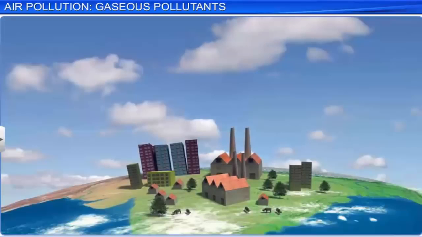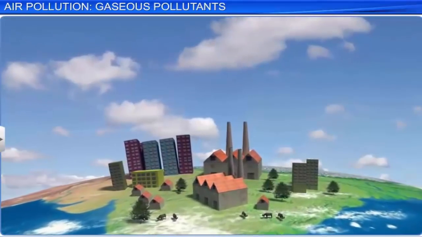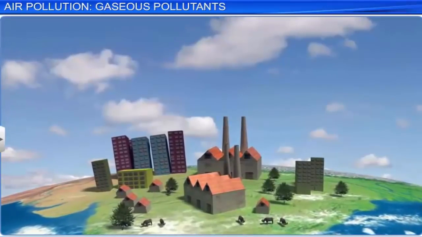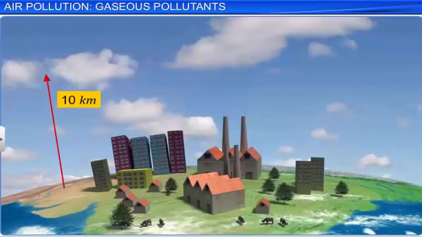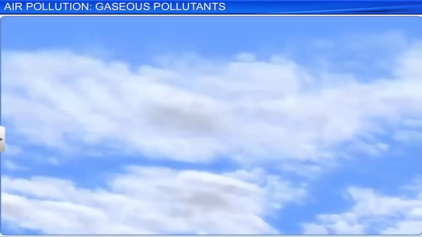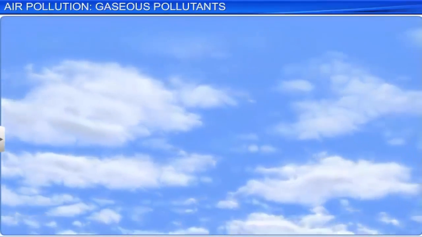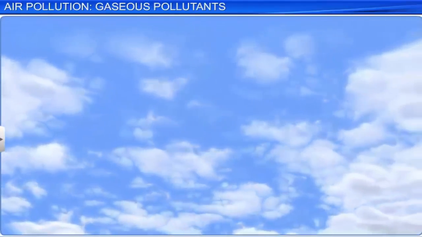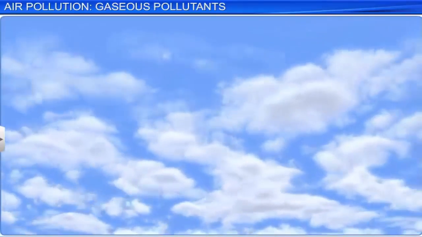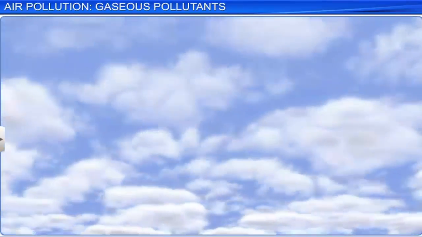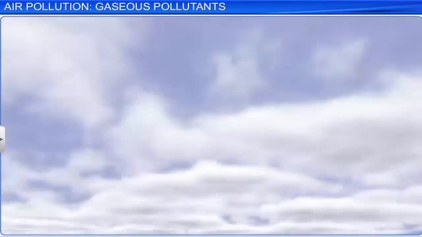The troposphere is the lowest region of the Earth's atmosphere in which living organisms live. It extends up to 10 kilometers above sea level. Strong air movements and the formation of clouds take place in the troposphere.